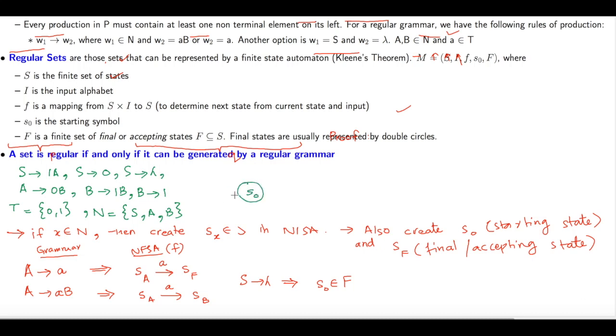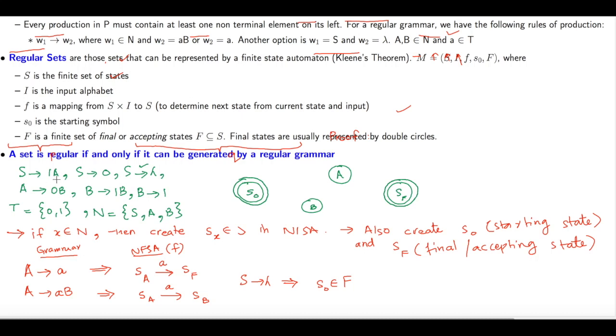Whether it should be an accepting state or not, it should be because of this production, so I will draw another circle around it. Then I should have a state for A, a state for B, and a final state, which is SF.